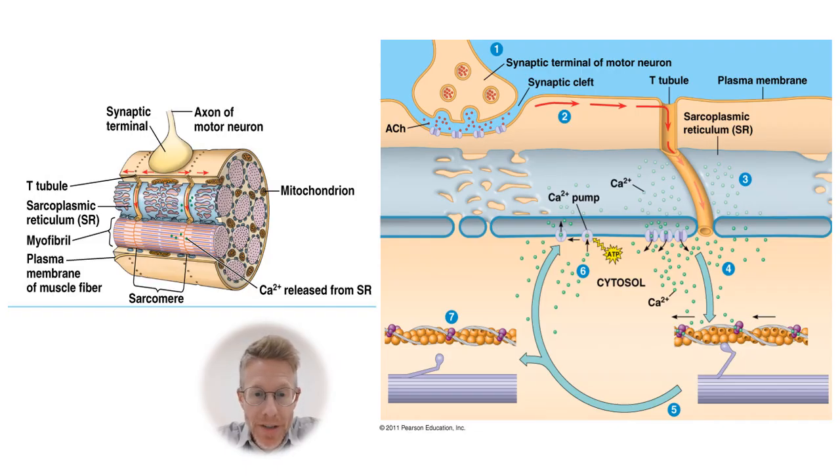That action potential is propagated down into the inside of the cell by way of these T-tubules. So the action potential is propagated along the T-tubules until it reaches the sarcoplasmic reticulum, and the action potential causes the sarcoplasmic reticulum to release calcium ions. So that's how we go from an action potential in a neuron to the first stages of contraction in a muscle cell.